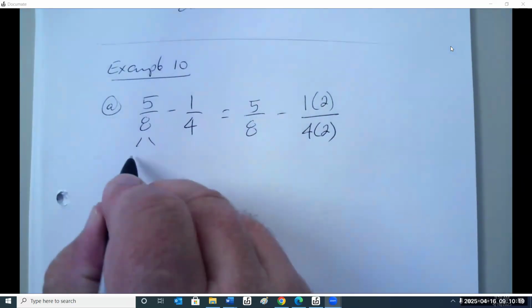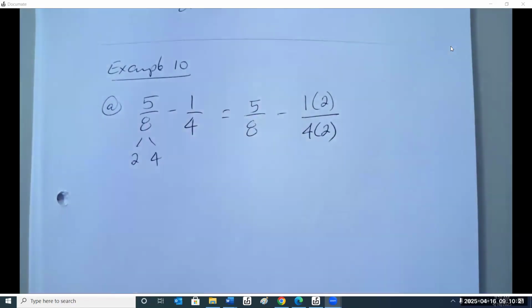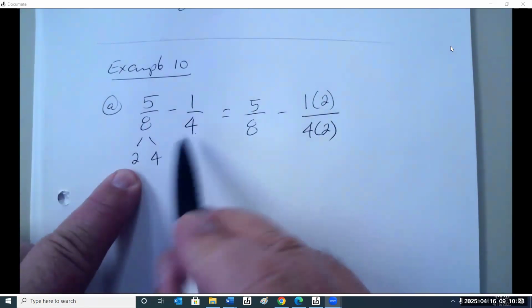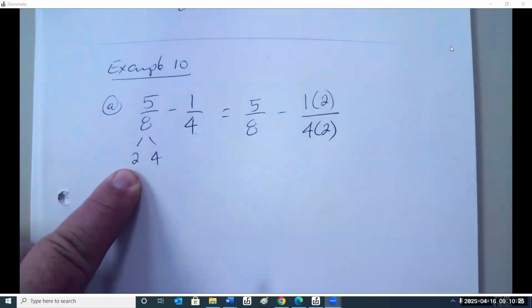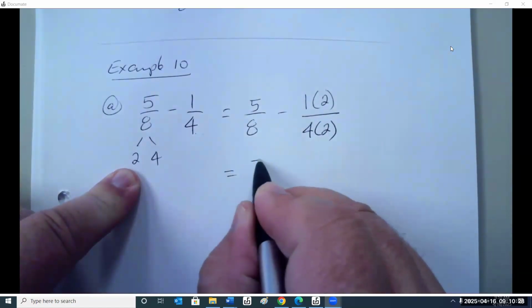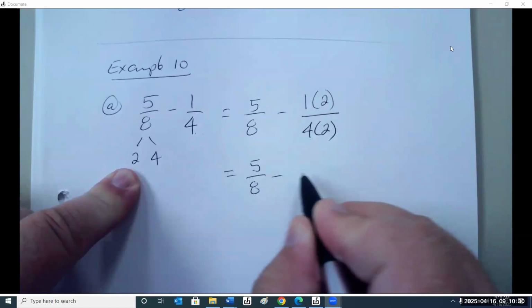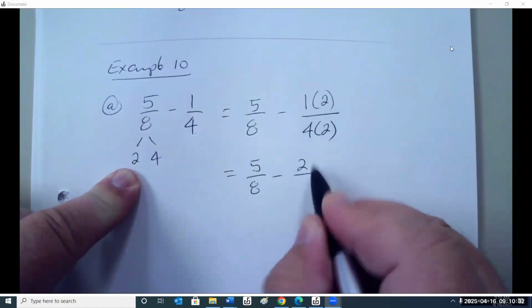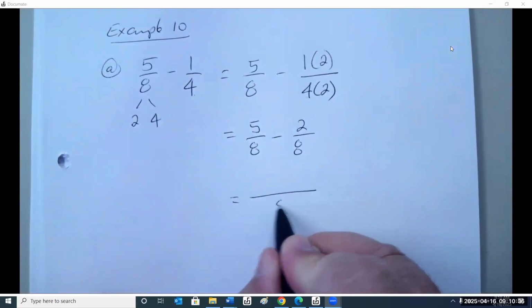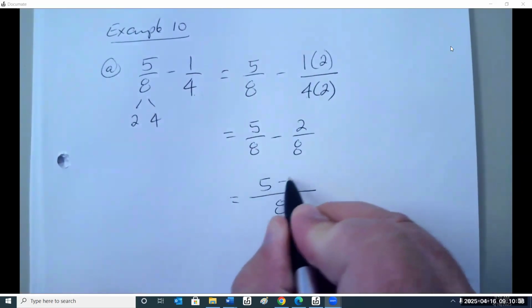Because 8 is made up of 2 times 4. They both have a 4. This one has a 2. This one needs a 2. So I put 2 over 2. 5/8, 1 times 2 is 2. Once you have a common denominator, then just worry about the top.